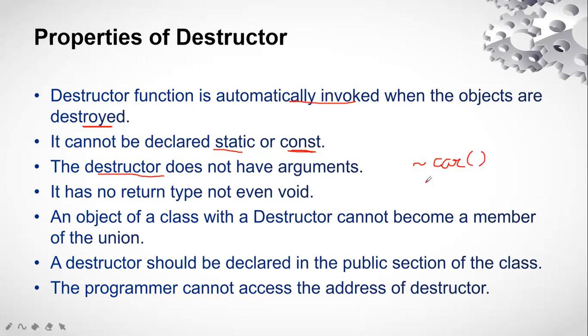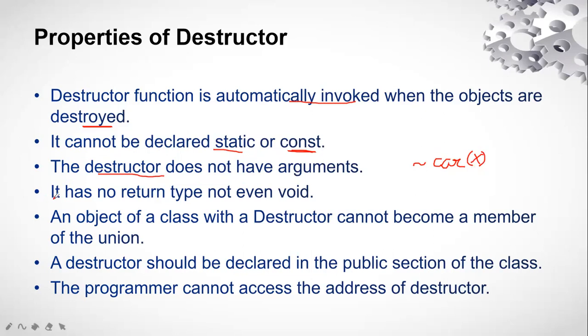So this is the syntax for destructor. We will never give arguments in the parenthesis in the destructor syntax, right? So no arguments in destructor. While when we talk about constructor, we can give or may not give the arguments in the constructor, right?